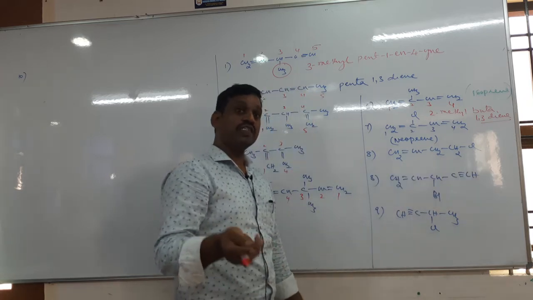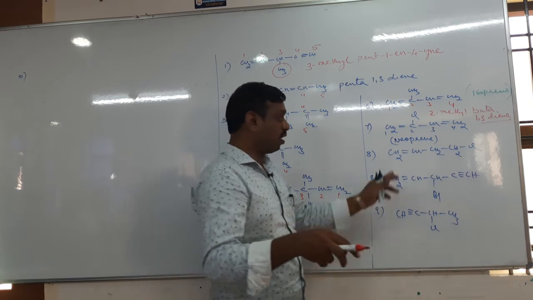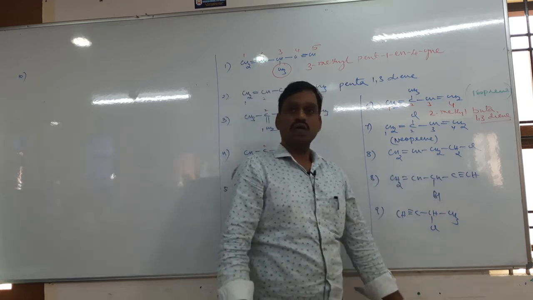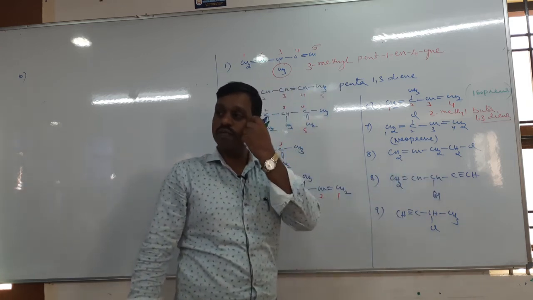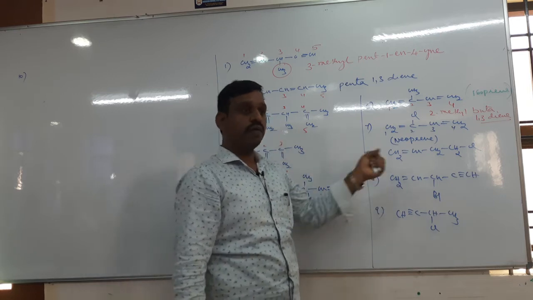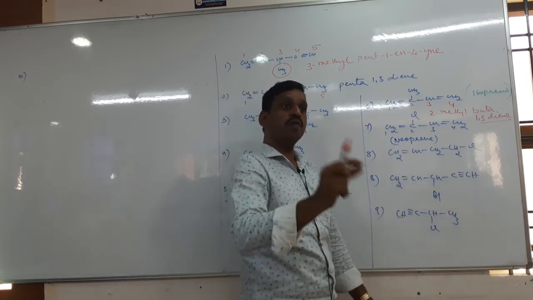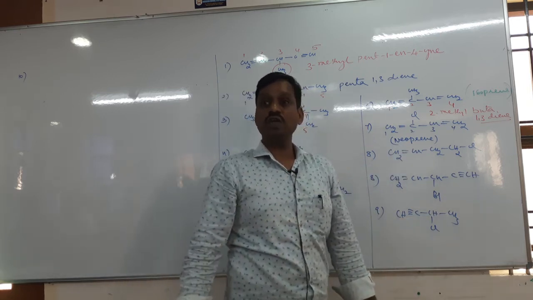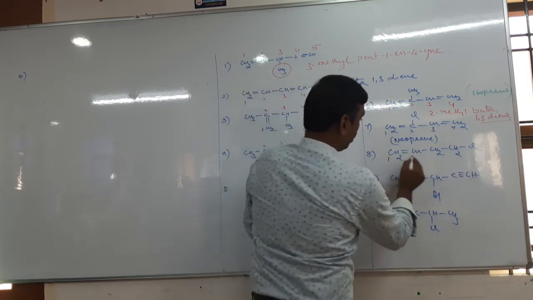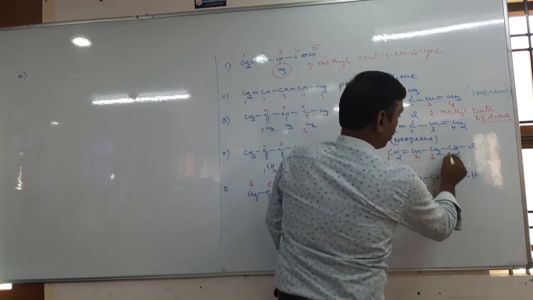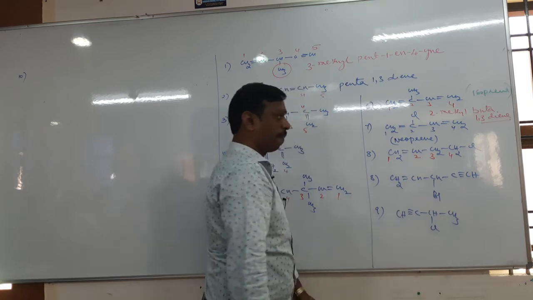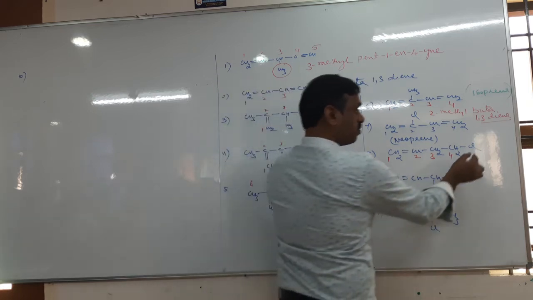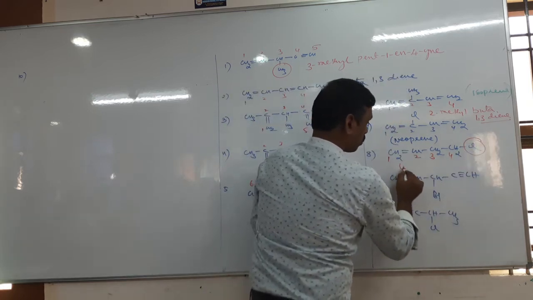So when there is a substituent and multiple bonds, numbering should start from the multiple bonds, whether double bond or triple bond. This is 1, 2, 3, 4. So write the name of the substituent, 4-chloro.